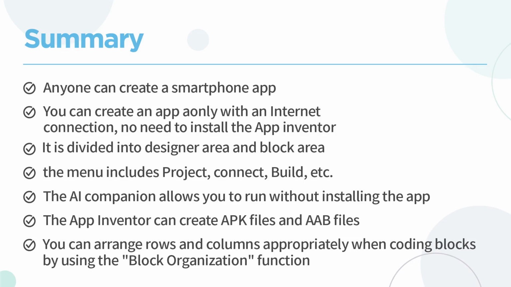The menu includes project, connect, build, and other functions. And the AI Companion allows you to learn without installing the application. App Inventor can also create the APK file and the AAB file. And you can arrange rows and columns in a good way when coding blocks by using the block organizer function.